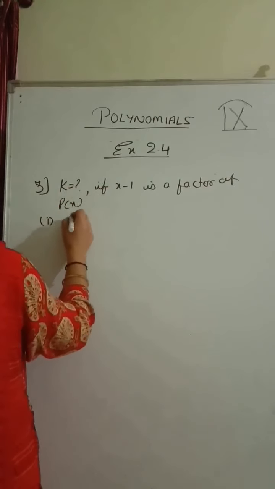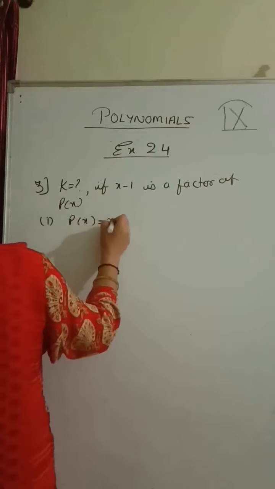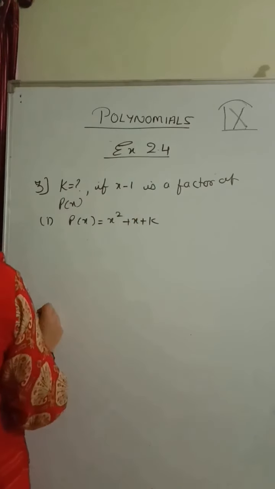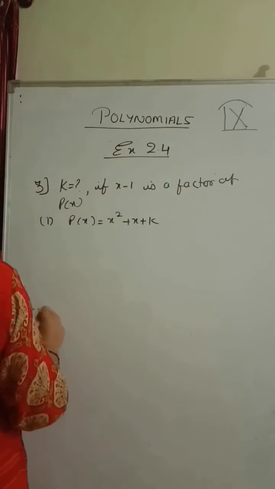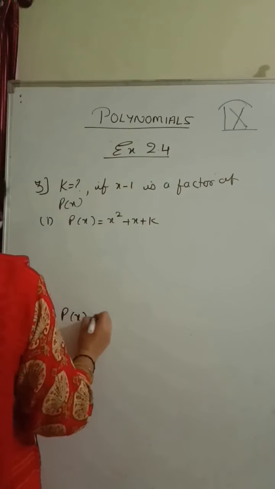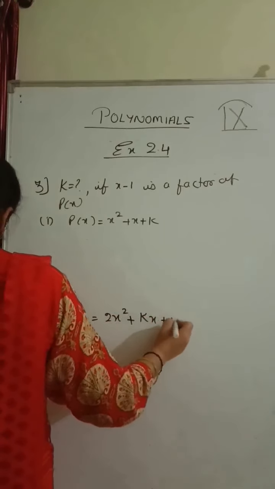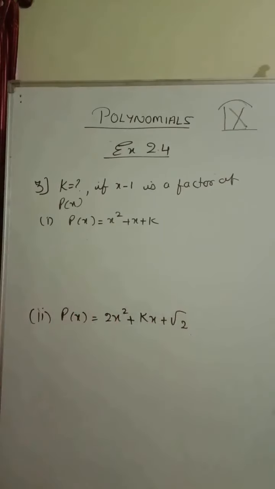So first part, polynomial p x is given x square plus x plus k. And second part, let me write the second part also. p x is equals to 2x square plus kx plus root 2. So we have to find the value of k.